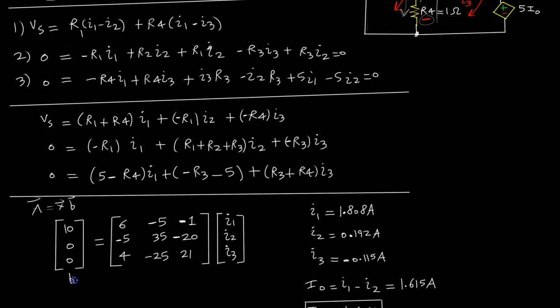The next step would of course be to solve this matrix in any way that you like. I use MATLAB to quickly find the inverse and multiply it by the unknown matrix. Remember that AX equals B is the way we do this. In this case, the X vector would be our currents, and A would be this matrix.